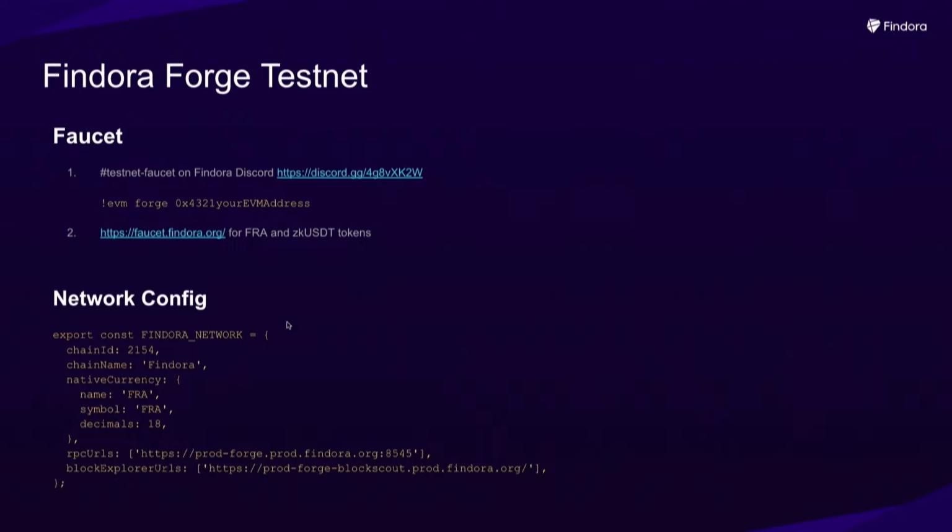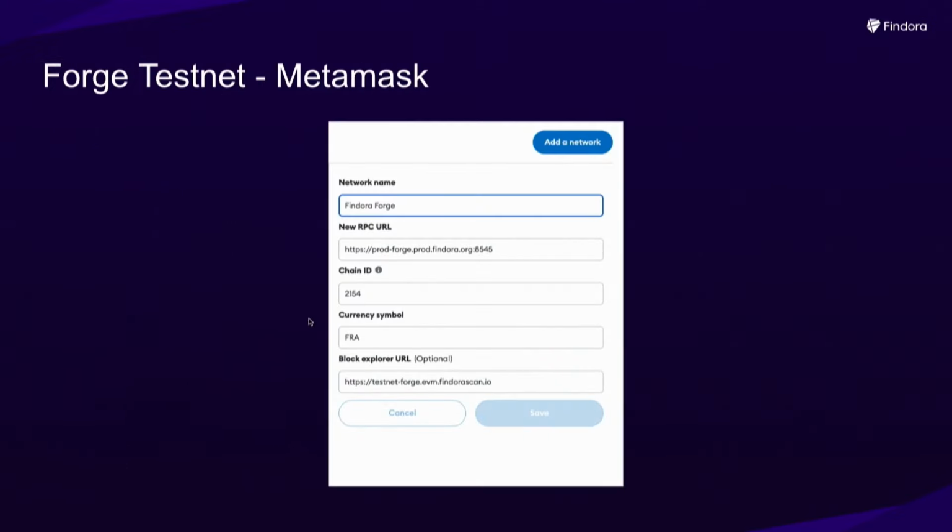Then you need to use it with MetaMask or any other wallet. You need to register the network, the Findora Forge network name, with the correct RPC URL and chain ID. And there's also a block explorer for you to debug any transactions and transfers.